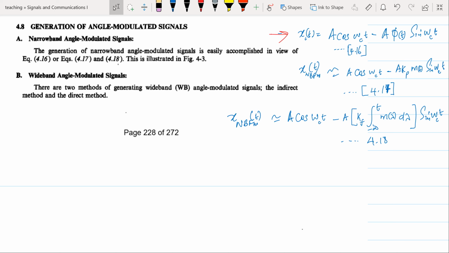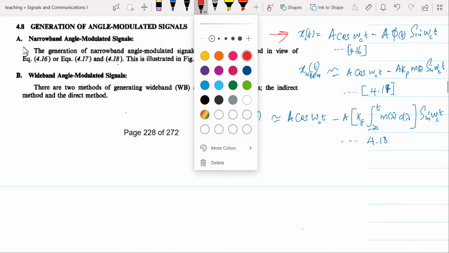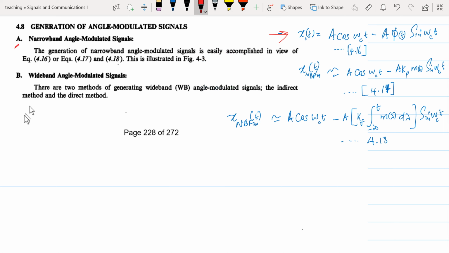We now discuss generation of angle modulated signals, and we have two parts: the narrowband angle modulated signal and the wideband angle modulated signal.